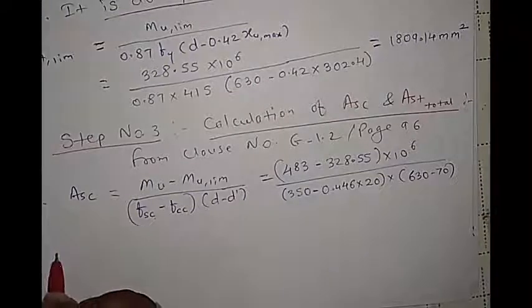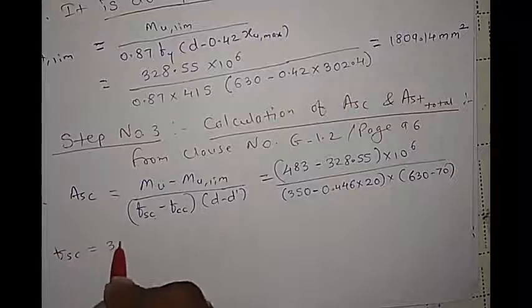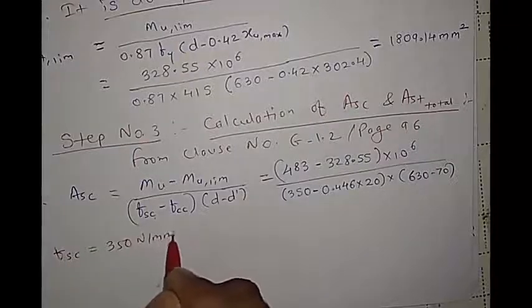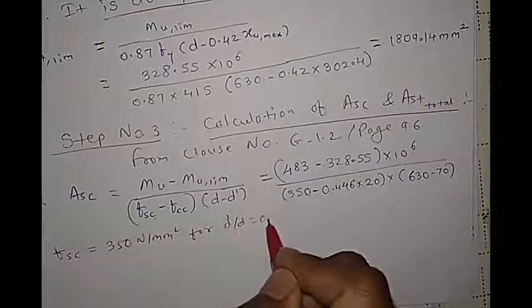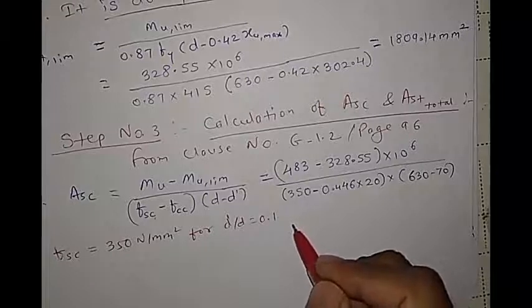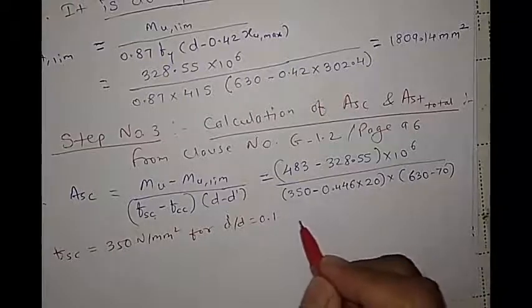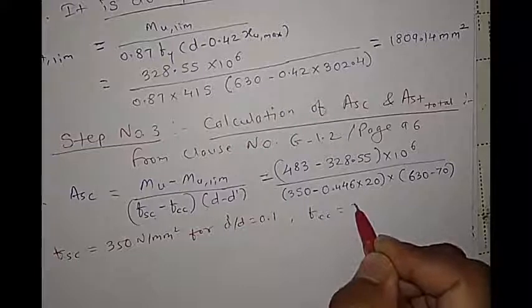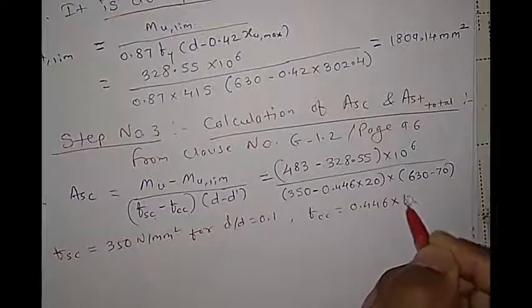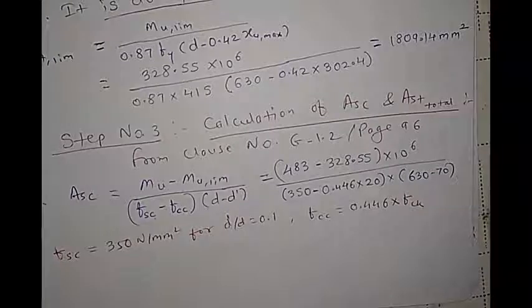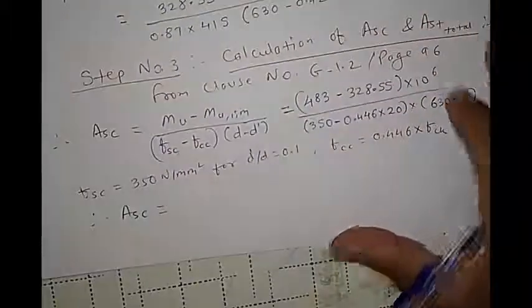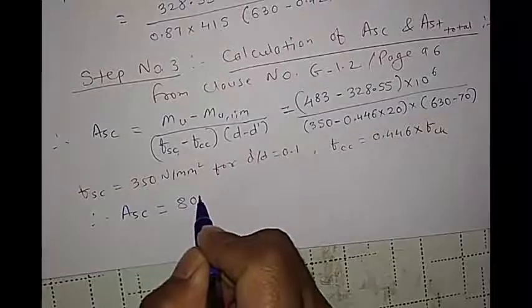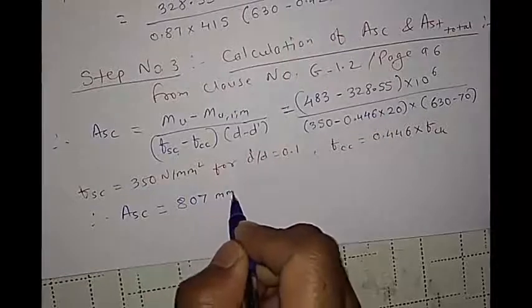So here you just have to remember the FSC value, it is around 350 Newton per mm square, for D dash by D equal to 0.1. You should always keep this ratio, and you can remember this value, while FCC is equals to 0.446 into FCK. So if you solve this, you will get the value of ASC which is equals to 807 mm square.